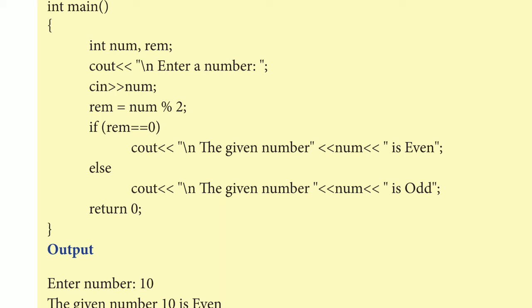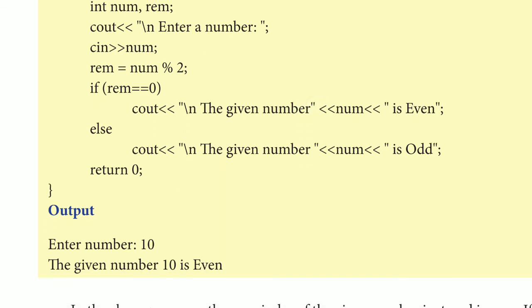REM is the remainder, which is equal to number % 2, which means the remainder value of number divided by 2 will be gathered and stored in REM. Now if REM is equal to 0, then the given number is an even number. If it is not equal to 0, then it is an odd number.